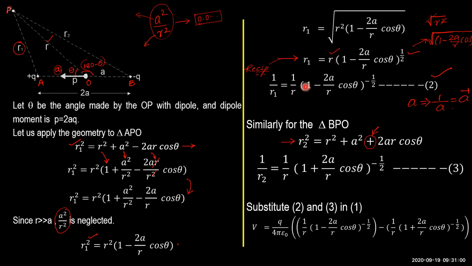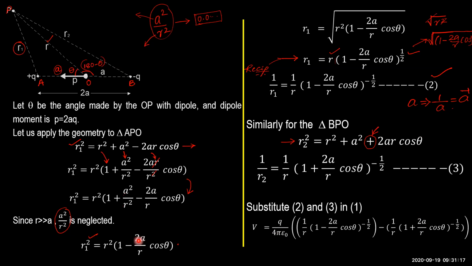Once we get 1 by r1 and 1 by r2, we have to substitute 2 and 3 in equation 1. This is not so difficult, because we are simply writing there. We are not making any change.